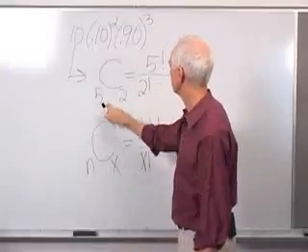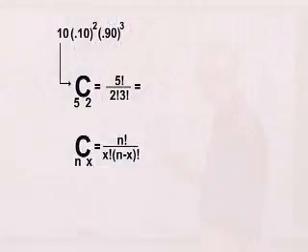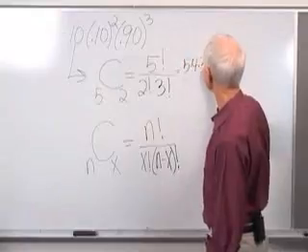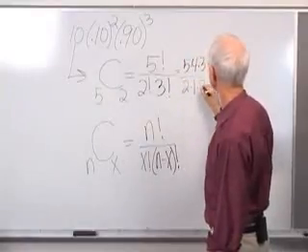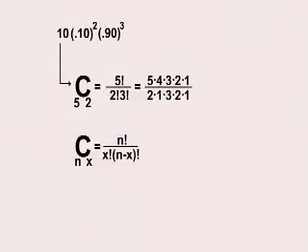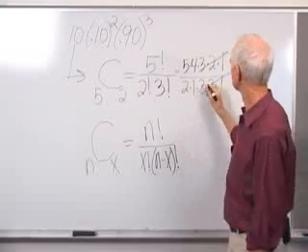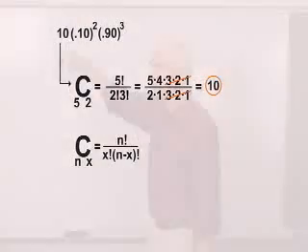In this case, 5 minus 2 is 3 factorial, and generally speaking would be n minus x factorial. We can solve for this combination because 5 factorial is 5 times 4 times 3 times 2 times 1, and the denominator has 2 factorial and 3 factorial. And this part of the combination cancels. 5 times 4 is 20, divided by 2 equals 10. And that's how we solve for this value.